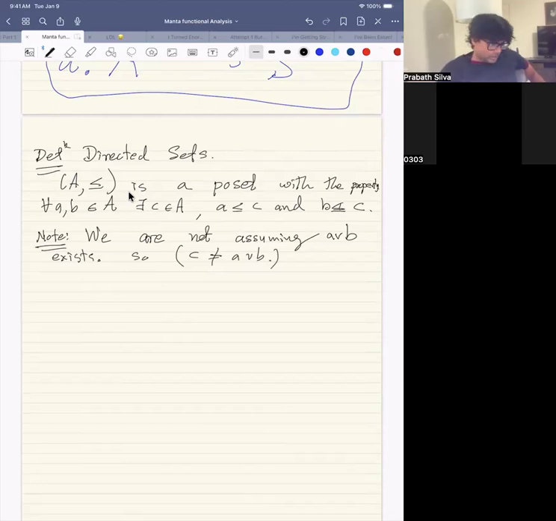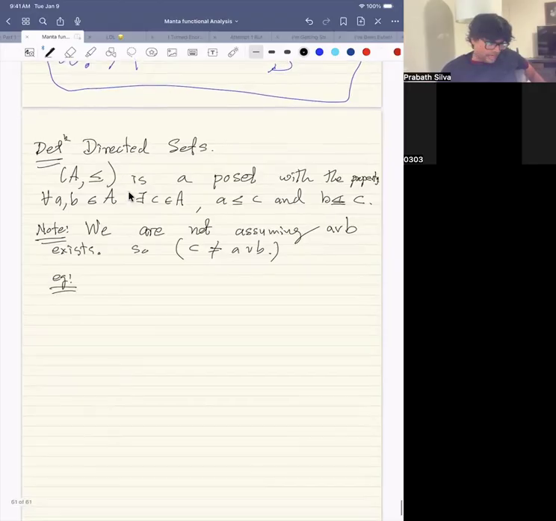So here is an example. We have a and b here, alpha, beta, and you have a c here.